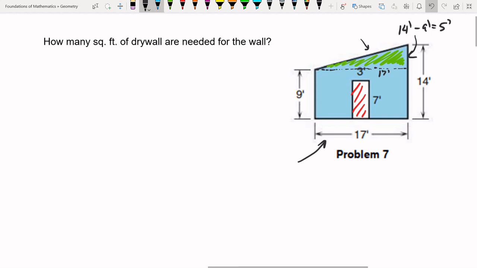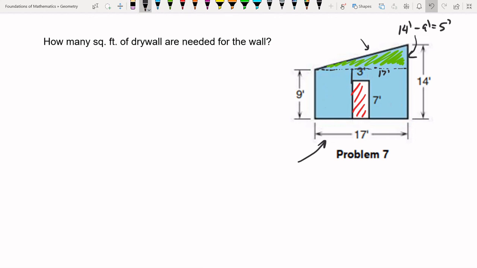Now, the other, let me do it in orange here. We can do a couple things with this. We can either break it up into 3 rectangles. That's what my first thought is. But there's actually an easier way of doing it.